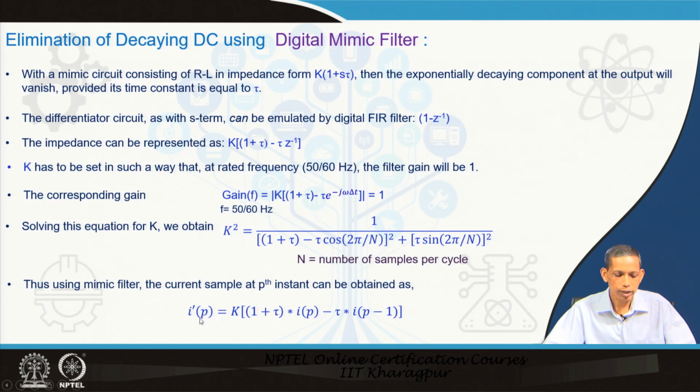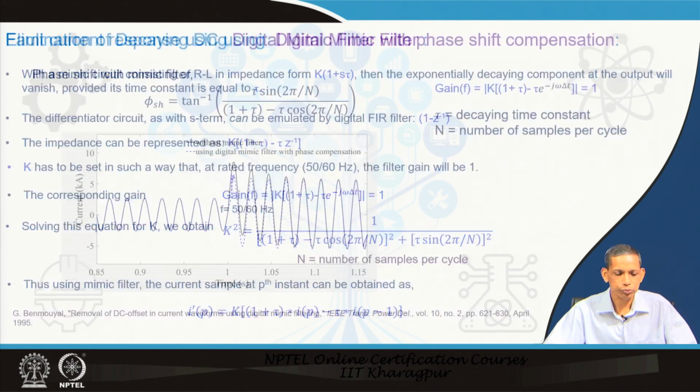Then in that case the signal will no longer have the decaying DC component. So, this differential of the present and just past samples, with this weightage, will lead to successful elimination of the decaying DC component. This is the digital mimic filtering approach.